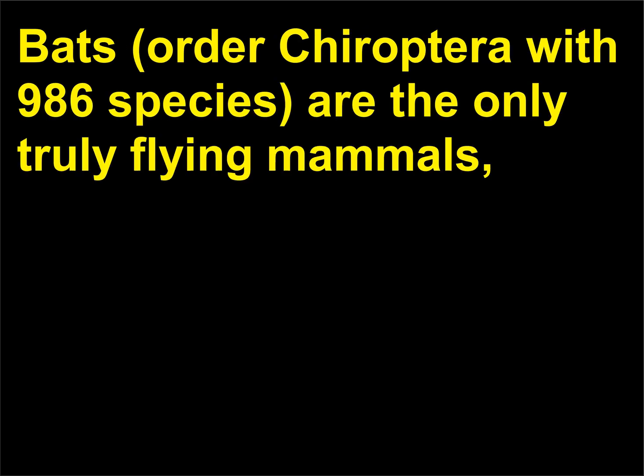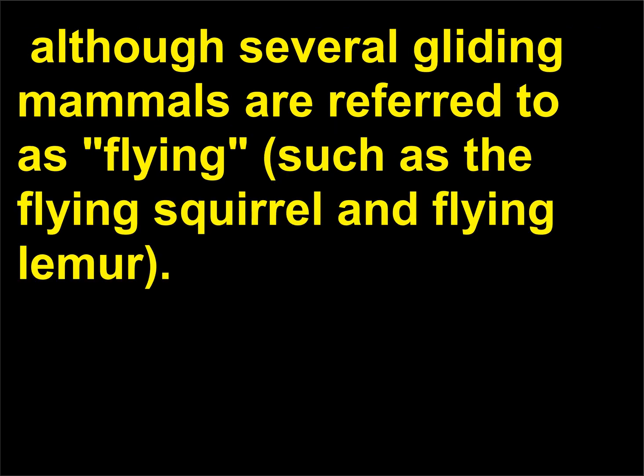Do any mammals fly? Bats, order Chiroptera with 986 species, are the only truly flying mammals. Although several gliding mammals are referred to as flying, such as the flying squirrel and flying lemur.